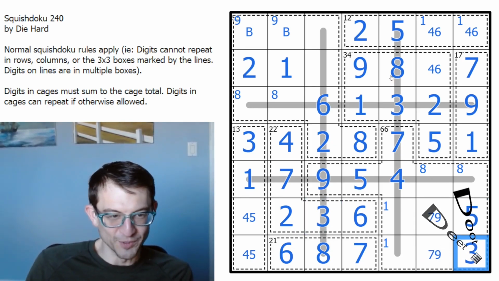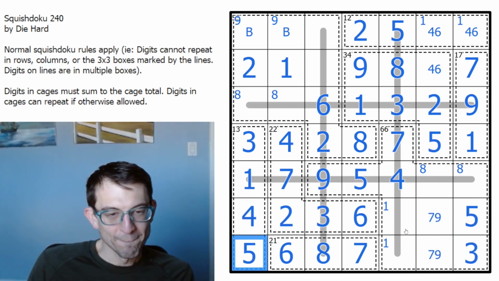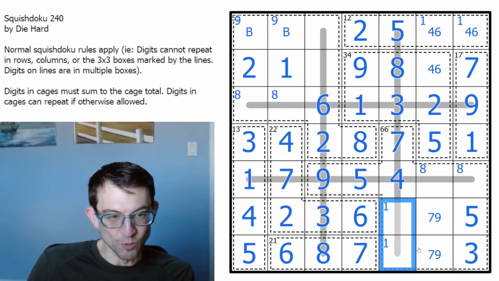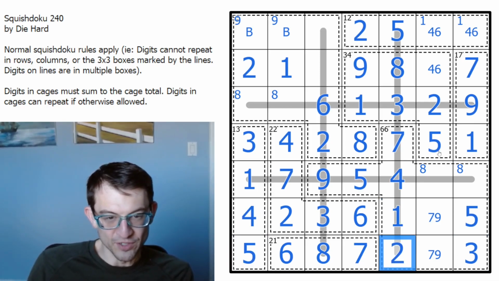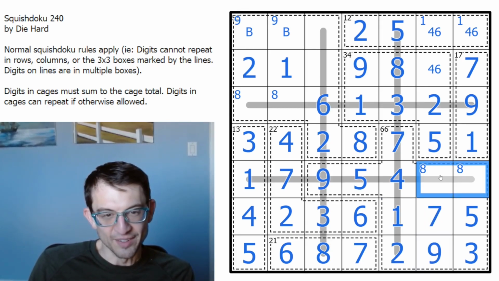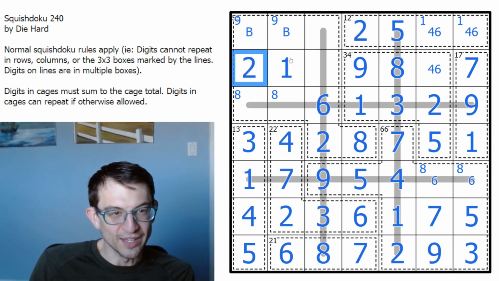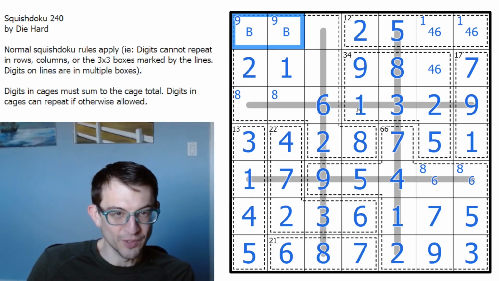I think at this point it's really just a little bit of cleanup. That's 4 and 5. The remaining digits here are 1 and 2, so it's 1 and 2. That's 7 and 9. The remaining digit here is a 6, which I don't know how it goes yet. B, what do we say B was? Was 3.